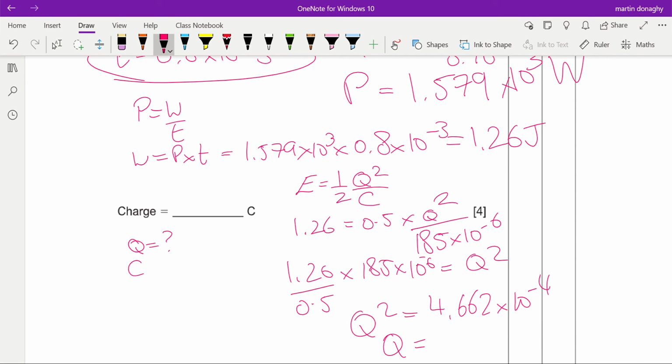Just taking the square root of that then gives us 0.0216 or 0.022, depending on how many significant figures you give it to.